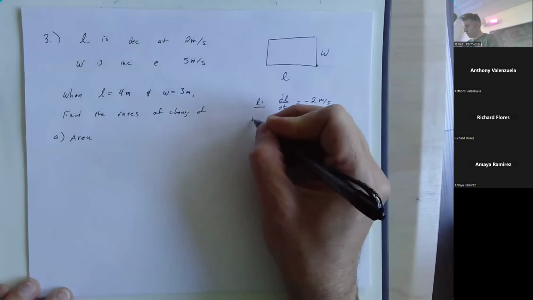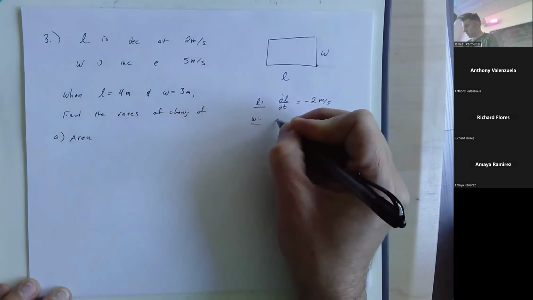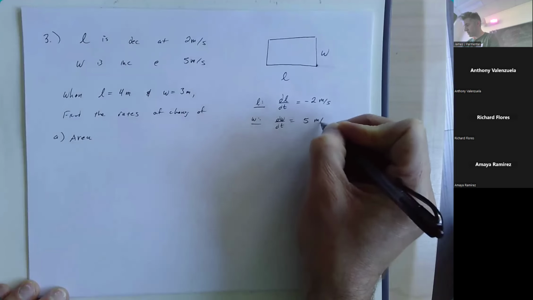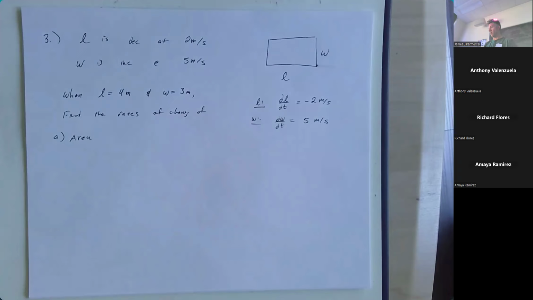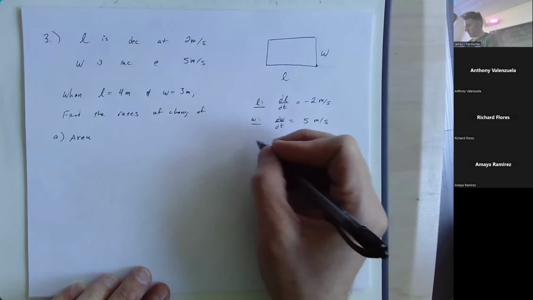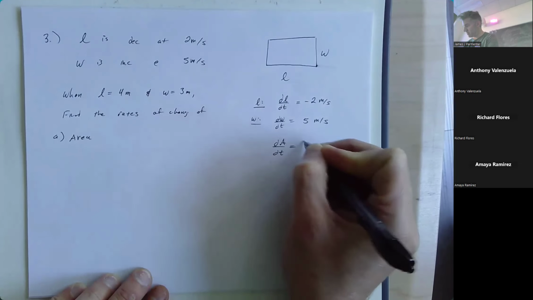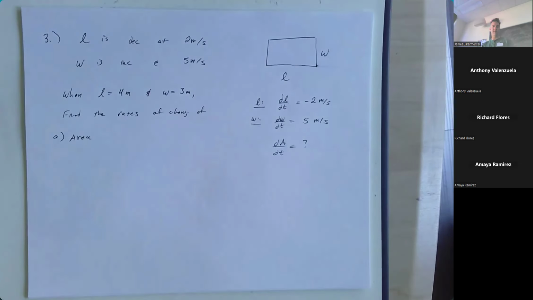On the other hand, W, the rate of change of W, so dW/dt, is positive 5 meters per second. Great, we have our rates of change. And then we're being asked to find what dA/dt is. That's what the first question is asking.